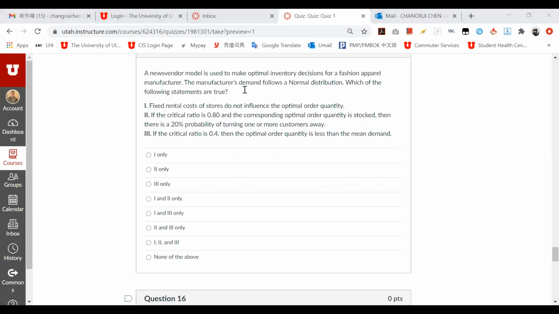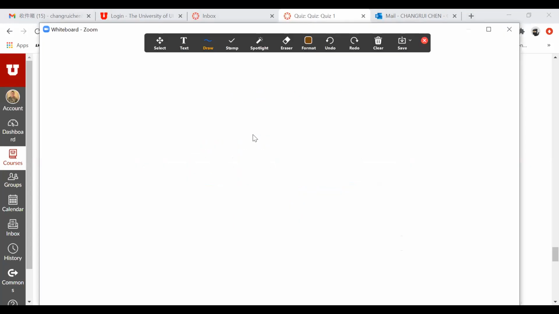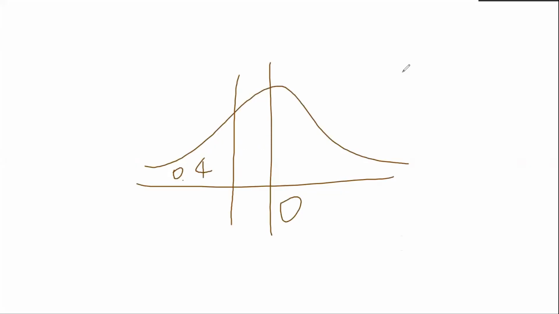So let's do this. This one is 0.4, then the z value here is negative something. So Q is equal to z times sigma plus mean.